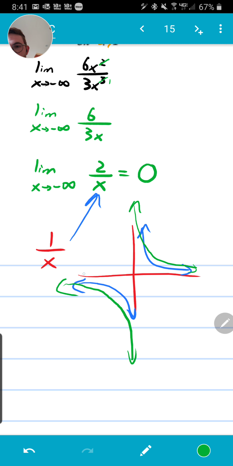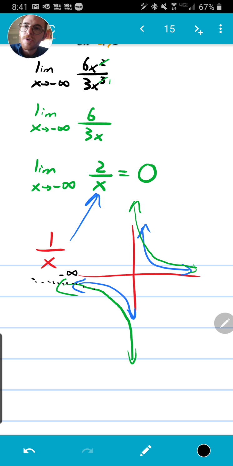And notice as we approach negative infinity, these values are getting closer and closer to 0. So the graph tells us the same thing. As we approach negative infinity, our outputs are getting closer and closer to 0 because there is a horizontal asymptote, y equals 0. It's all coming full circle.